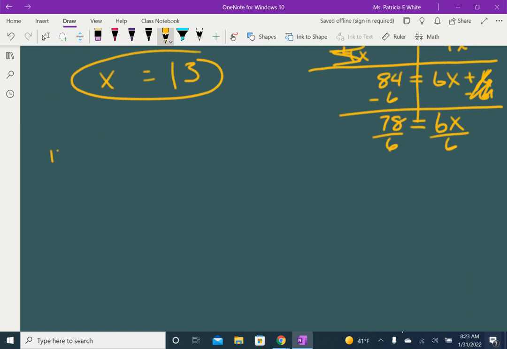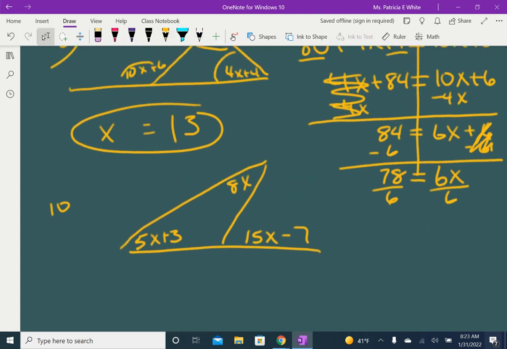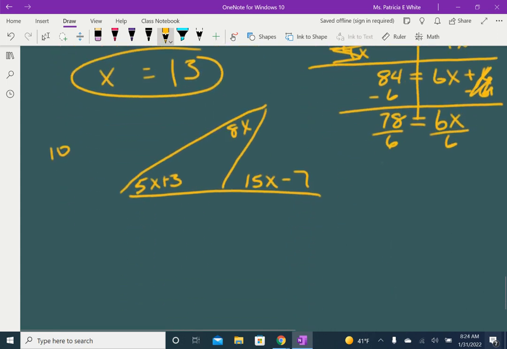All right, I'm on 10. My exterior angle is 15x minus 7. Excuse me. And my interior, 5x plus 3 and 8x. So, excuse me, what I want to do is maybe save some of the work that we had like up here.